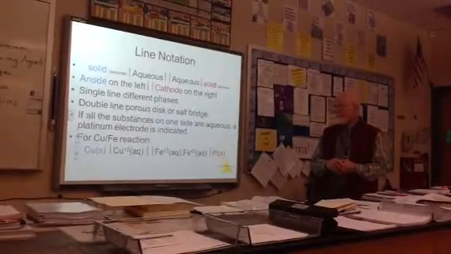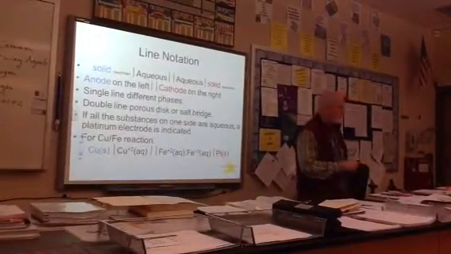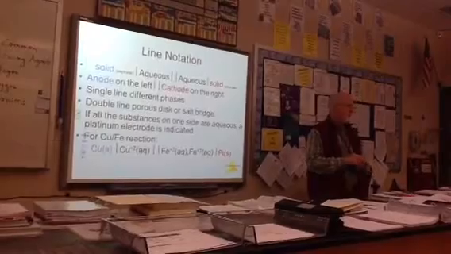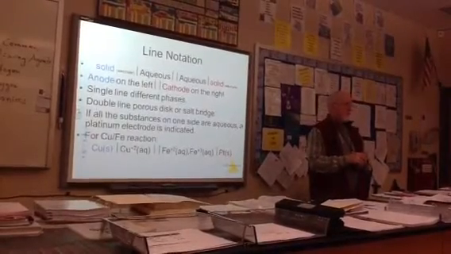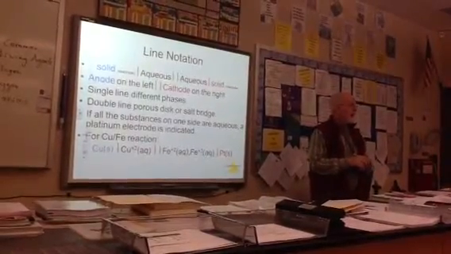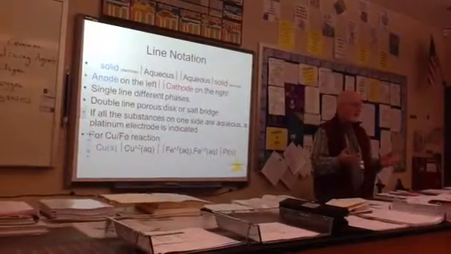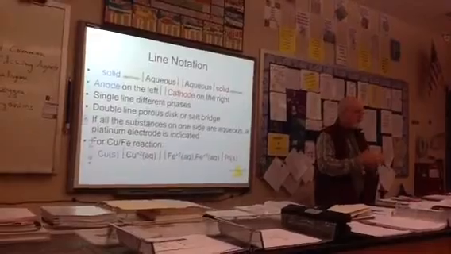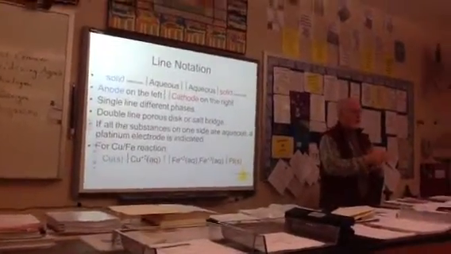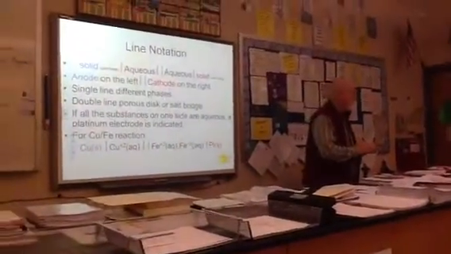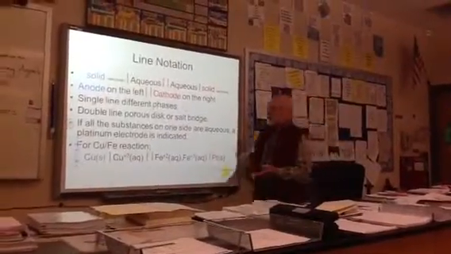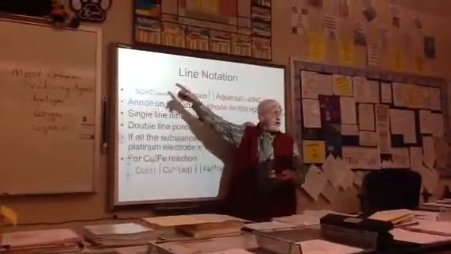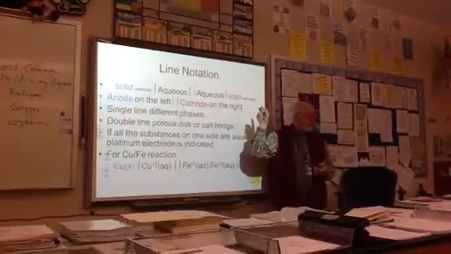Okay. So basically, this is just a non-picture form of what we did Friday, right? Yeah, it's a diagram. They call it line notation. It's a way of communicating what the components are and in what order they are. It also tells us which way the electrons are going to flow, because electrons always flow from the anode to the cathode.